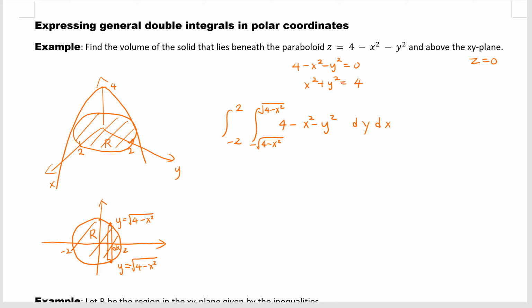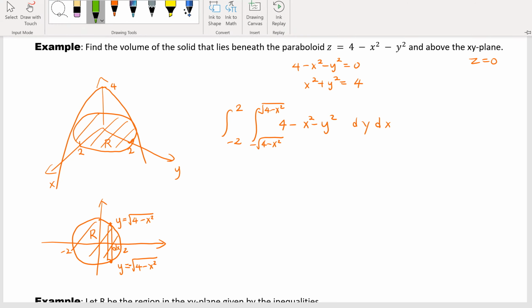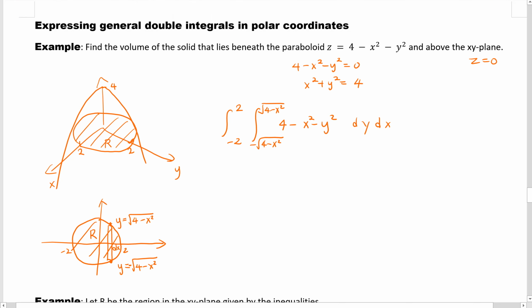But now, can you see this is a circle? So a circle is easier to compute using polar coordinates. I can show you why. So here in polar coordinates, we're going to have the function in terms of r and theta. Well, can you see this? z is 4 minus the quantity x squared plus y squared.